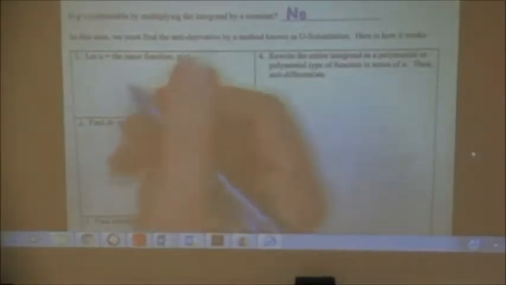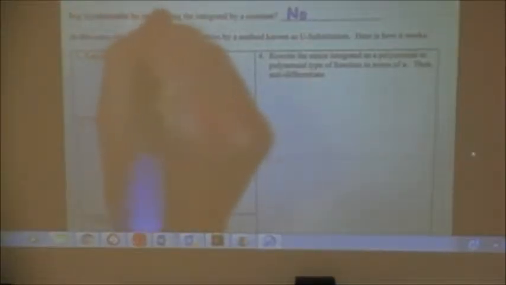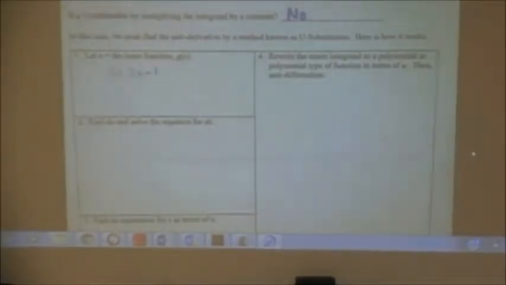Okay, so the first thing you're going to do is let the inner function be u. So in this case, that would be my 2x minus 1. And then I'm going to find du and solve the equation for dx. That means take the derivative.